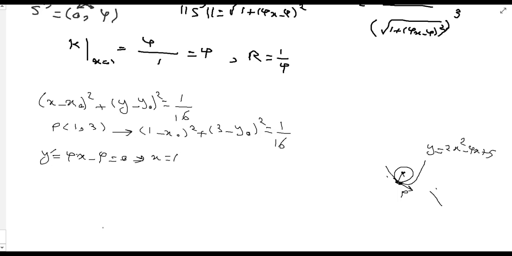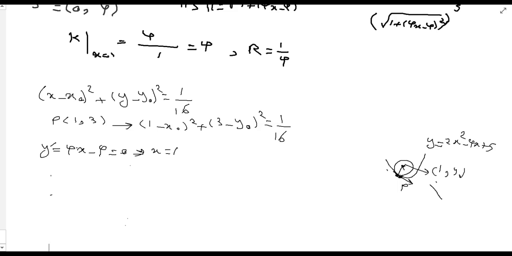And now we can get that the center of the circle has the same x equal to 1. So we have the 1, but we don't know what the y is, and we are going to find y0 for this center. In order to find y0, we can put x equal to 1 in the equation, then y0 also will be found.